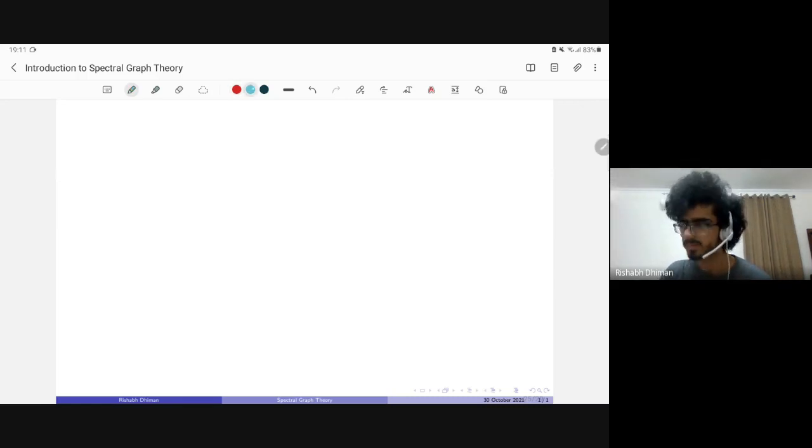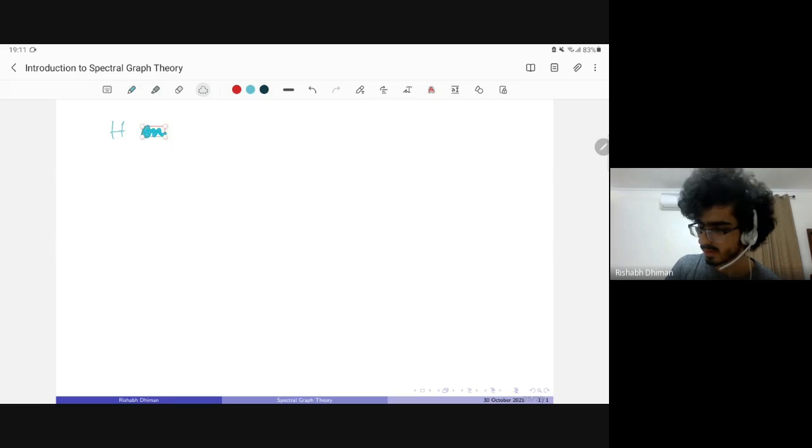Now I'll just prove this previous result. What I have to show is this. Say H is the graph you get from G on removal of V2.